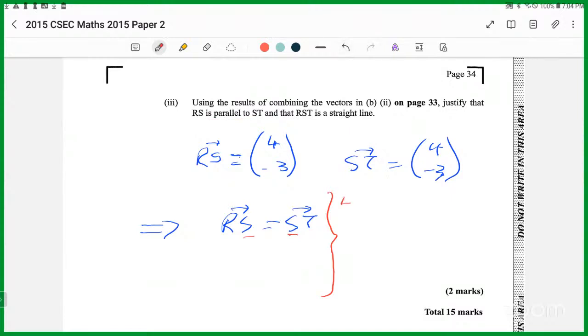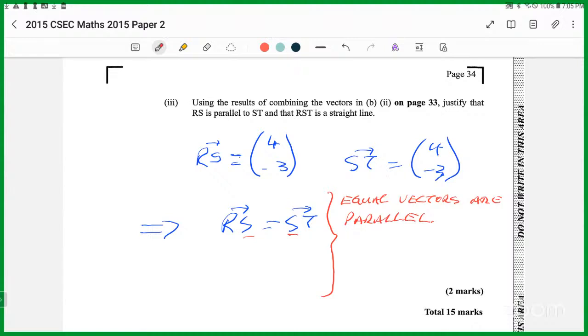Equal vectors are parallel, they're equal, they're parallel, and they have the same length.